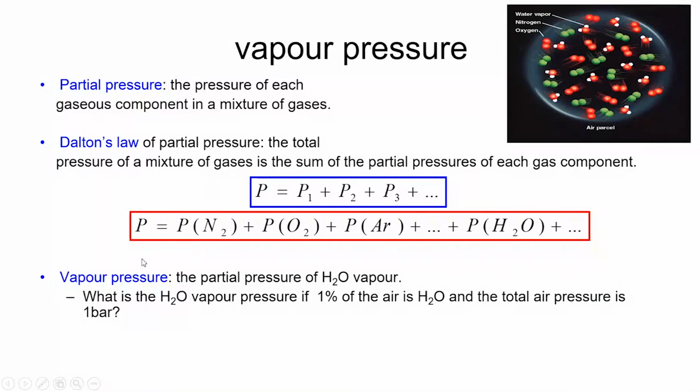This is a small question for you: what is the H2O vapor pressure if 1% of air is H2O? Suppose the total air pressure is 1 bar, then how do we calculate the partial pressure of H2O, or H2O vapor pressure?